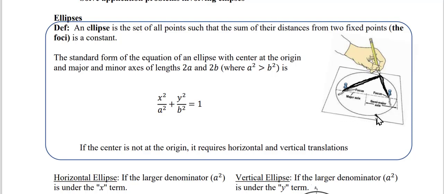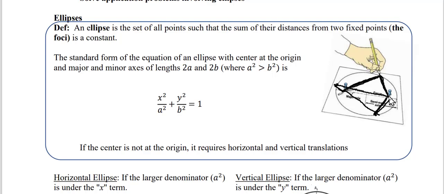This point over here, when you go from the foci to that point and back, is the same as this distance because this rope is the same length the entire time. Or even over here, if you add up this distance and then this distance all the way over to that, that's what an ellipse is, sort of graphically.